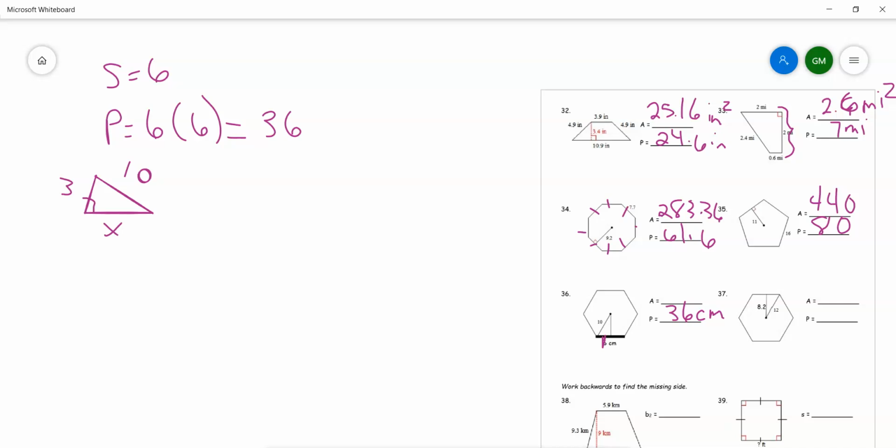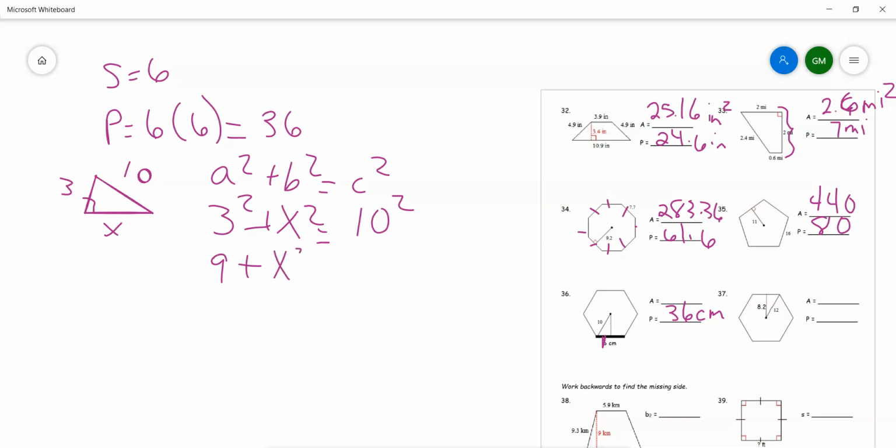And so that's going to give me, if I use a squared plus b squared equals c squared, 3 squared plus x squared equals 10 squared. 3 squared is 9. My unknown is still x squared. 10 squared is 100. Subtract the 9 from both sides.